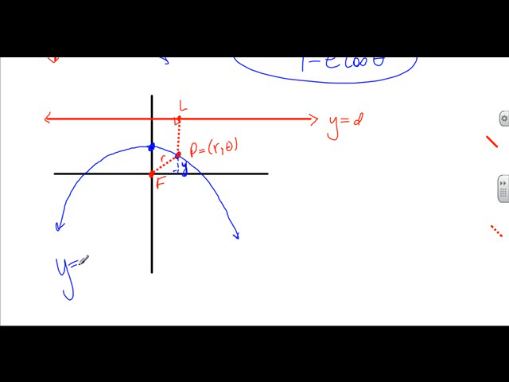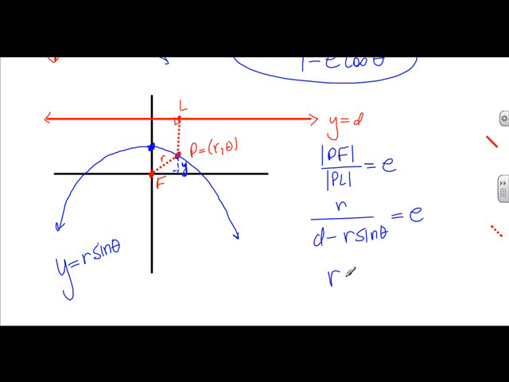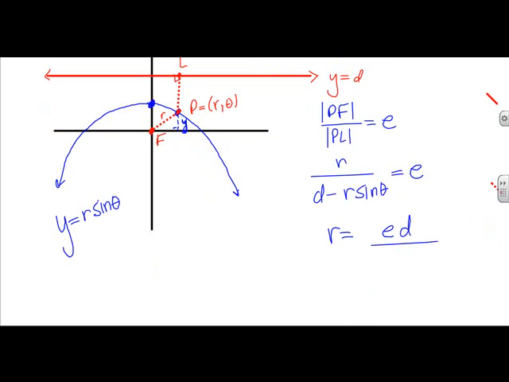So when we look at the absolute value PF over the absolute value PL equal to E, we're looking at r over d minus r sine theta equal to E. Solve that for r, and you're going to get ED over 1 plus E sine theta.